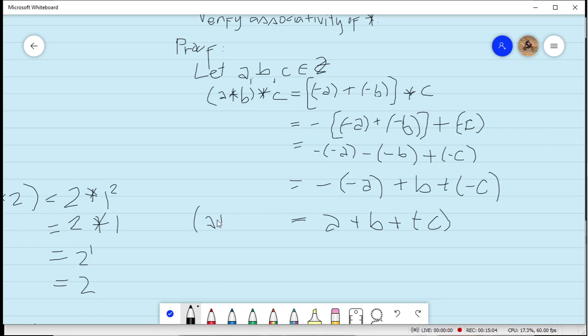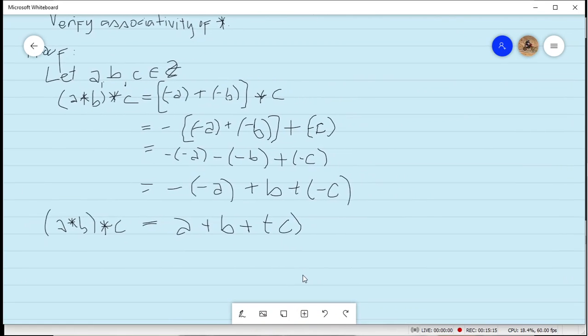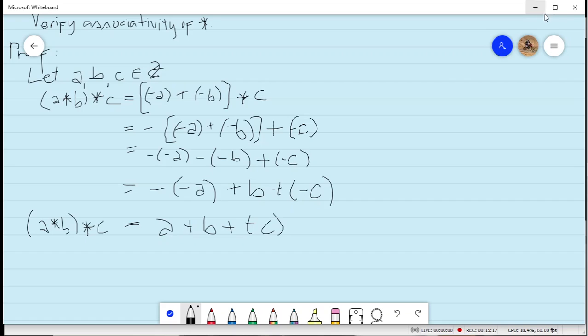So this would be the quantity A operation B operation C, whereas if we have A operated to the quantity B operation C, we would have A operation negative B plus negative C.